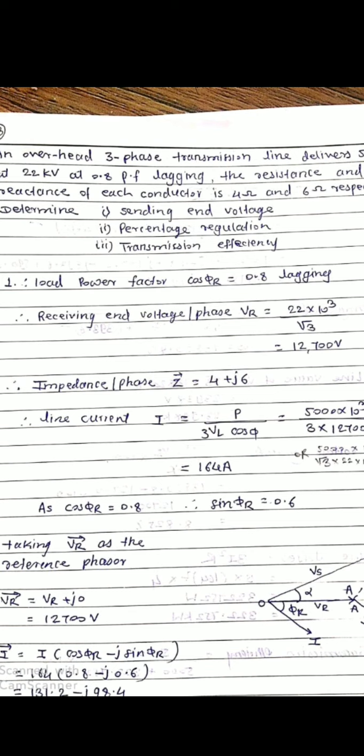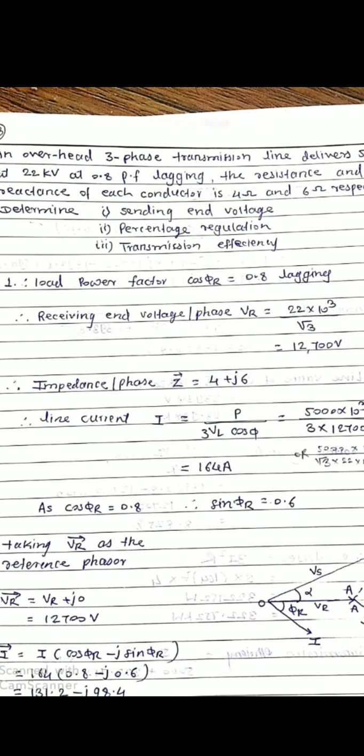Putting in the values, P is 5000 kilowatt, so 5000 into 10 raised to 3 divided by 3 into 12,700 into 0.8. Calculating that, we get 164 ampere.